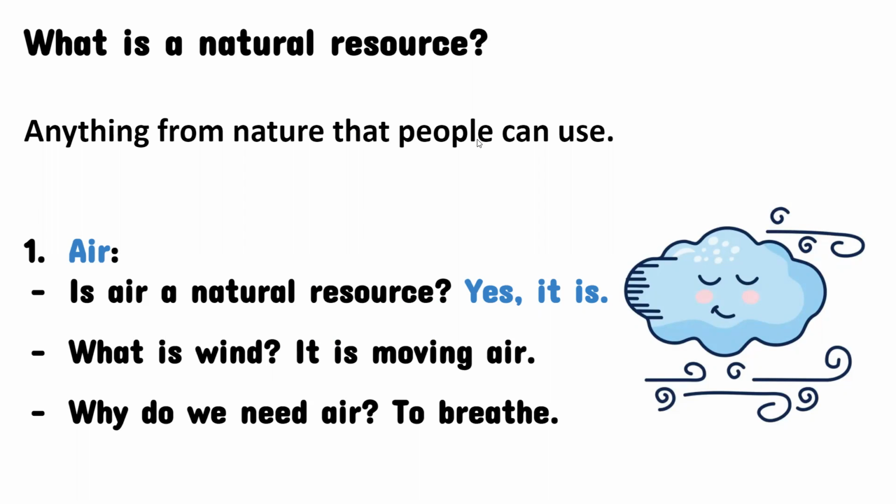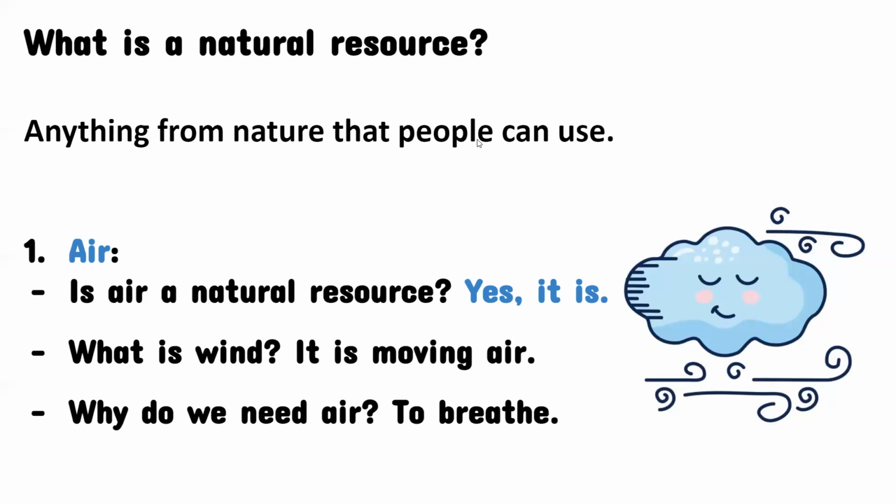We can use air in some things. You're gonna know about this later, but what I need you to know is that it's a natural resource, and we use it to breathe. Animals need it also to breathe, and plants need it to grow and to stay alive. When the air moves, we can feel the air moving around us, right?